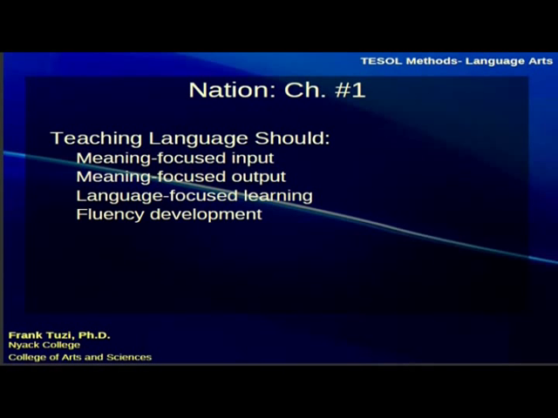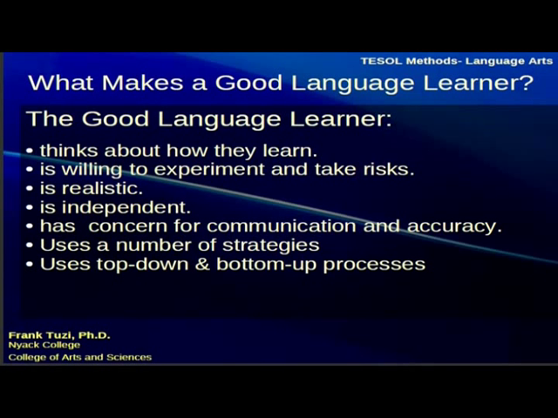Nation's idea here, he combines all 4 of these together, and he basically gives a nice rounded view of what teaching language should encompass. So it's very well done here. The only major thing that I don't see here is what to do with motivation. But other than that, it's very, very nicely all plunked together there. Excellent beginning of the book, and I would recommend that you memorize those 4 points.